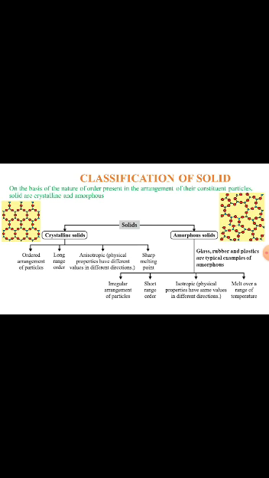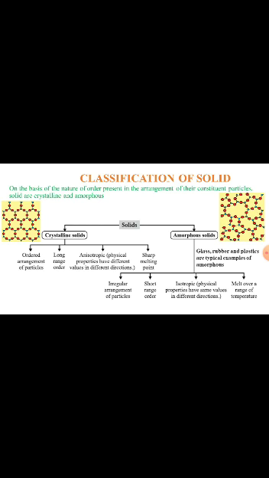Just like we took the example of plastics. When we heat the plastic, first of all plastics become soft and then start melting. That's why amorphous solids do not have a sharp melting point. Some common examples of amorphous solids are given below under the heading amorphous solid.